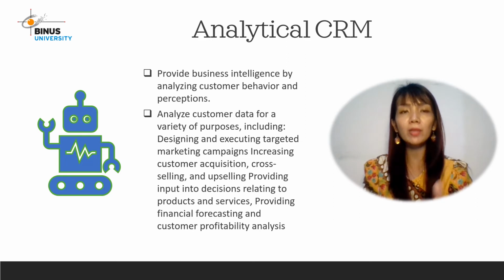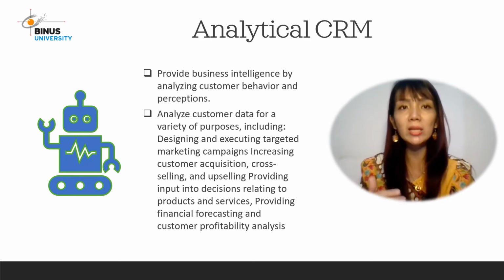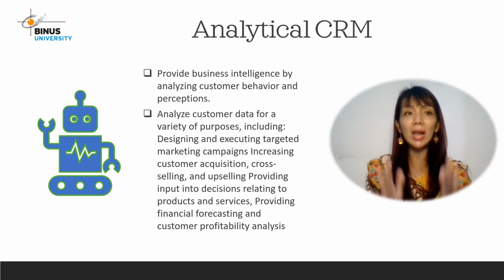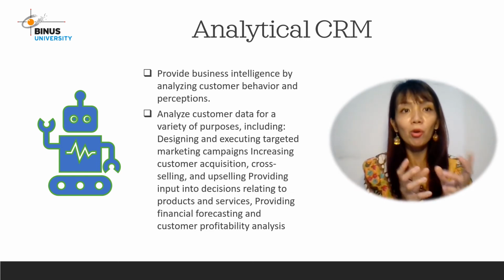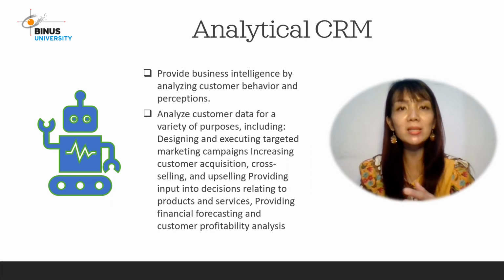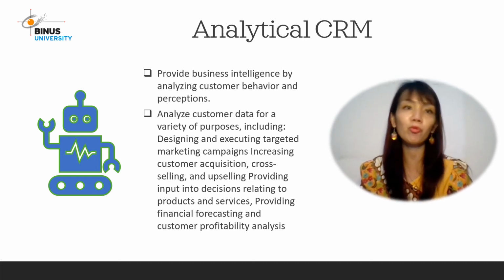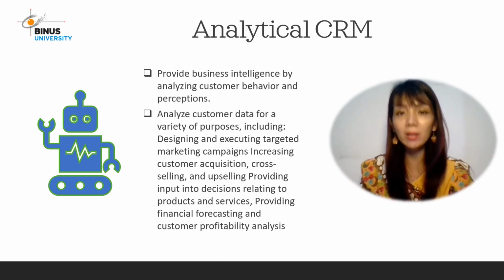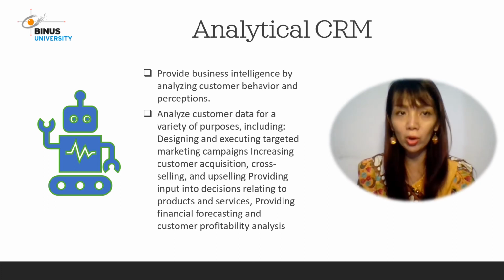Not only reading from customer touch points or customer-facing applications, but also analyzing the big data from this customer. From this, we can design the marketing strategy, design a customer gathering event, for example, or a discount, or even a special product made for this customer because he or she is very loyal to our brand. That's how analytical CRM works.